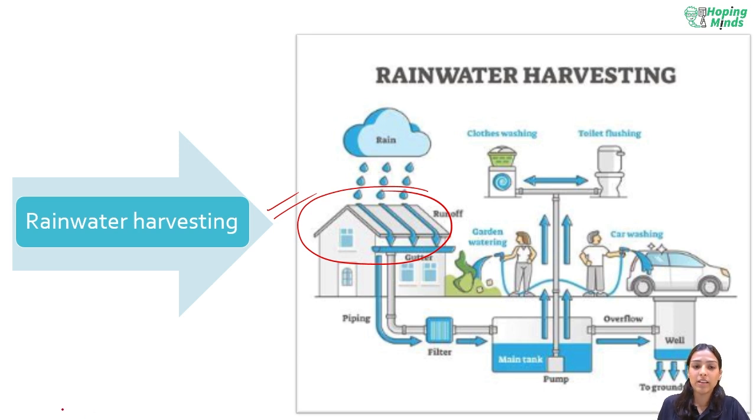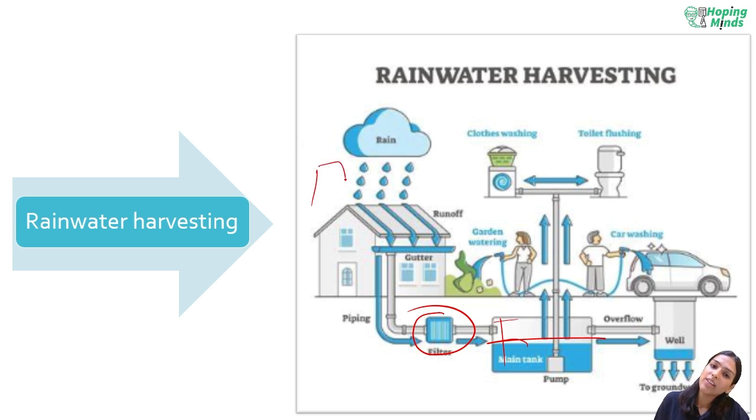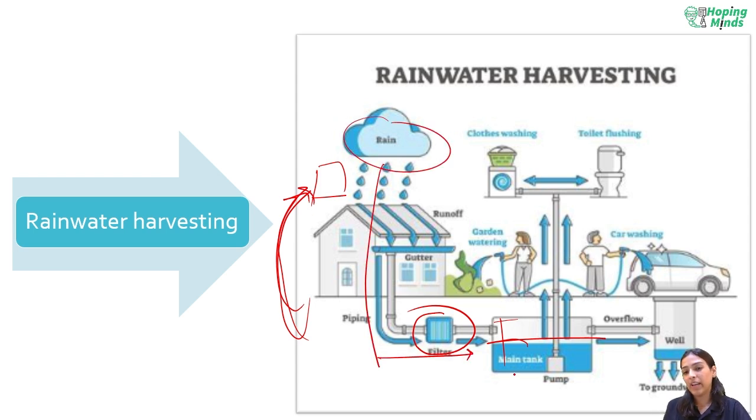Now when water has a runoff over this slope, it's collected through a piping system, it goes into a filter and it goes into a main tank after being filtered. Instead of having a tank at the top where you use groundwater to fill your tanks, you are using rainwater to fill an underground main tank, and then you have a pump, and instead of using the groundwater more and more, you're using this filtered rainwater for different purposes which are not, of course, consumption.